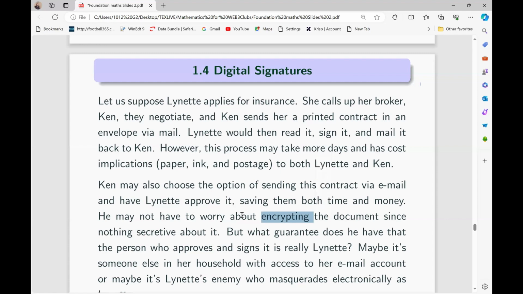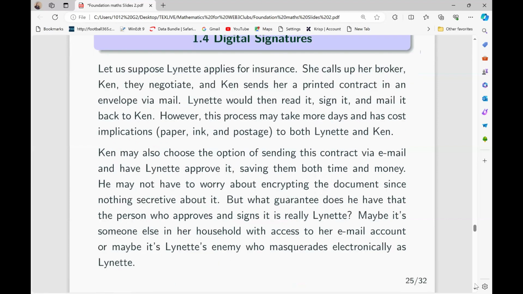So the broker believes that it's Lynette who will sign it. But maybe somebody along the way gets the contract and signs it back. The broker is not in a position to tell if the person who signed is Lynette.